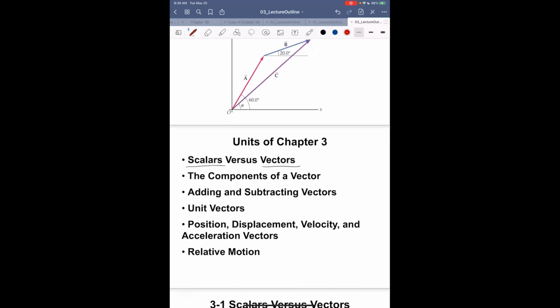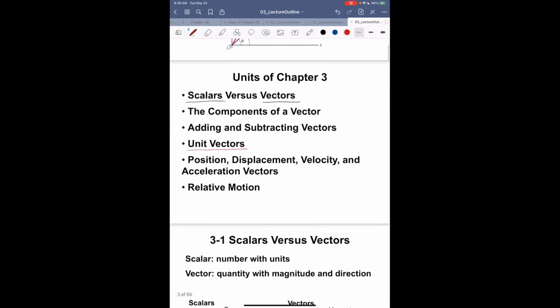We will also talk about components of a vector. There are many methods that we use to add vectors. One of them is adding by components, and you're going to see that this is the neatest, the best, I would say. We should also learn how to add and subtract vectors, and how we can express vectors using unit vectors.